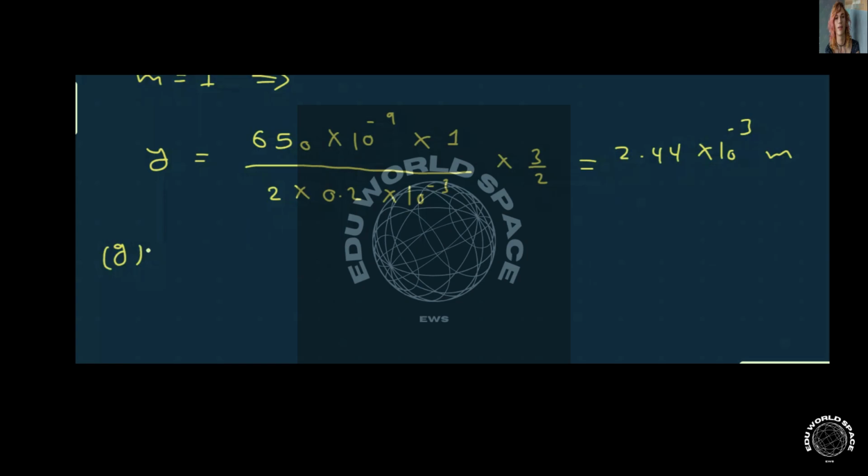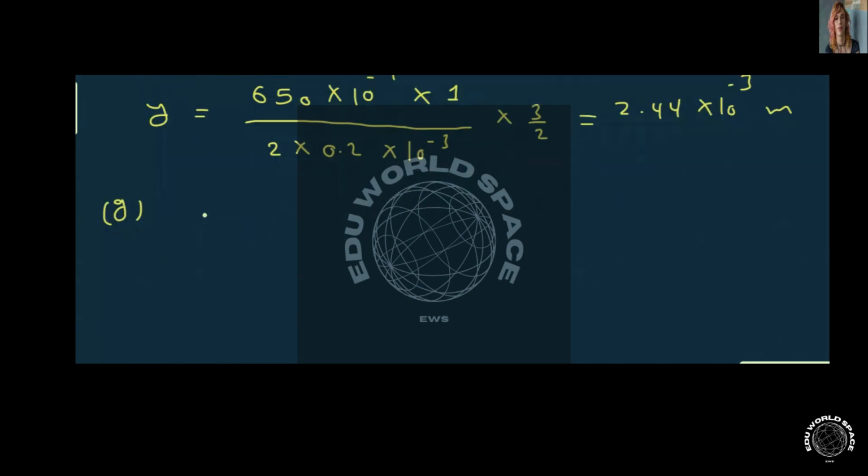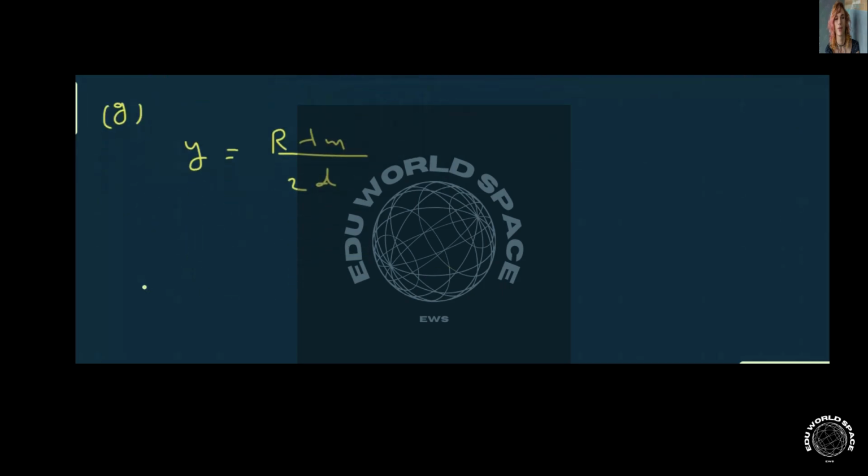Now for part G, we have y equal to r lambda m divided by 2d, and again m is equal to 1. By the way, here y is the distance from the central maxima to the absolute maximum.